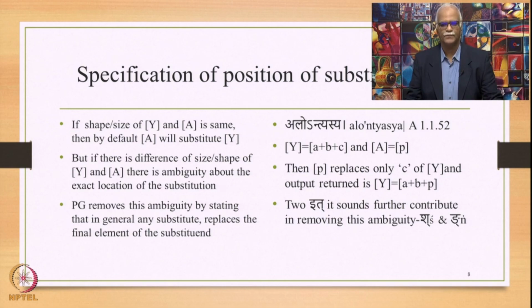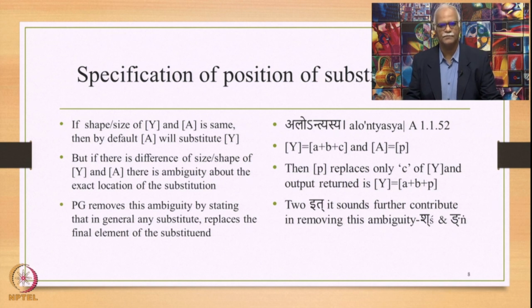That means where will P be placed? What will it substitute? There could be multiple options. Either it substitutes A or B or C or AB or BC or AC or the entire ABC. We do not know what it will substitute.